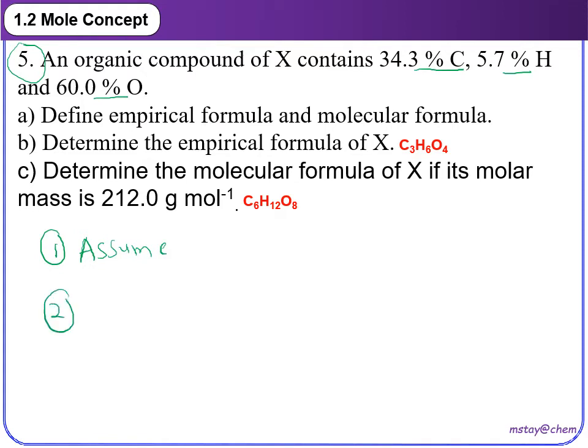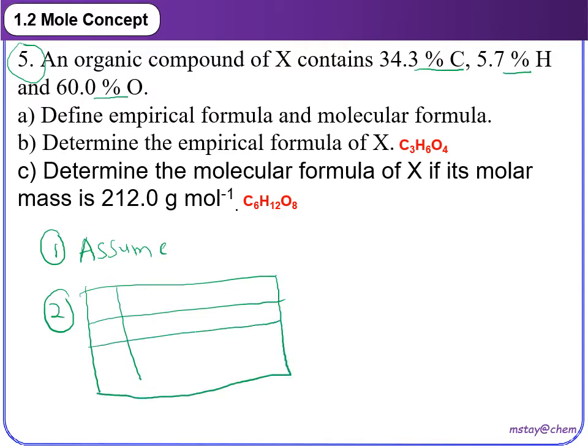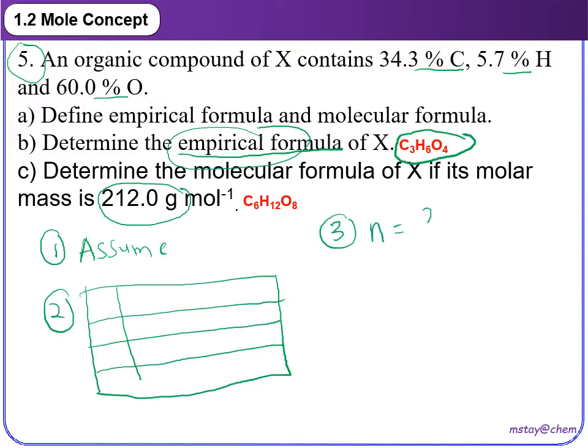Second, you draw the table which contains element, mass, number of mole, and simplest ratio to determine the empirical formula. Then next, use the relationship between the empirical formula and the molar mass to find out the n value. Make sure the n value is a whole number, then you will get the molecular formula.